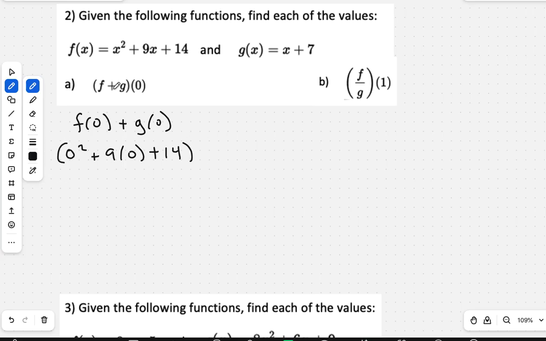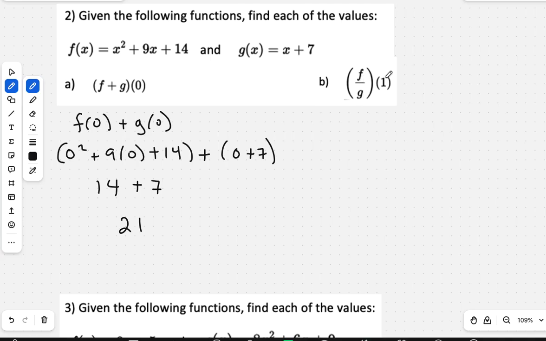It's not necessary when it's addition, but if this was subtraction, those parentheses would totally matter because we'd be needing to subtract everything in this last set of parentheses, so still a good habit. Evaluating that at 0, we'd have 0 plus 7. So this is just a bunch of stuff dropping out, leaving that 14. It's nice when it's 0. 0 plus 7 would be 7. And our final result on that one's 21.